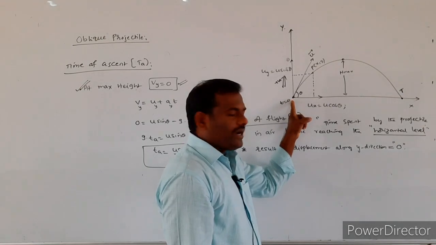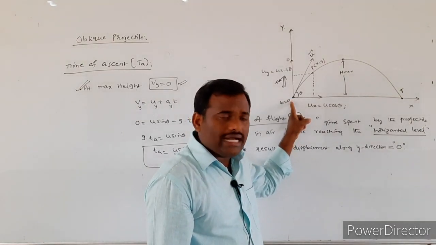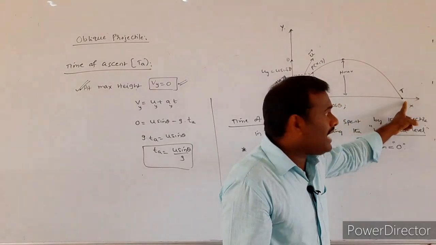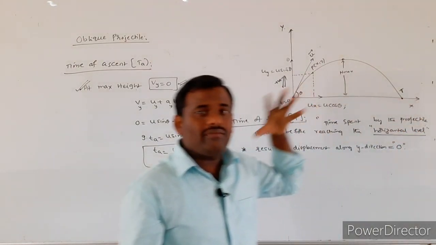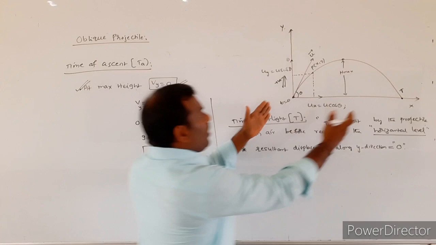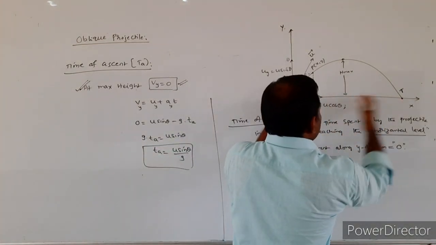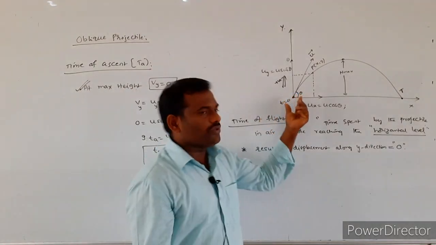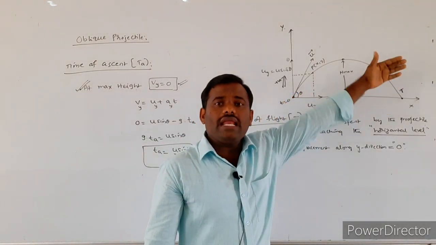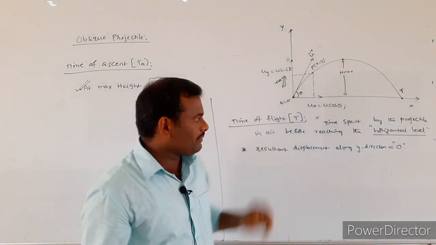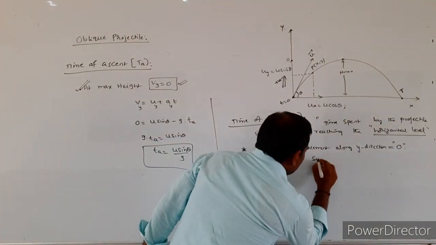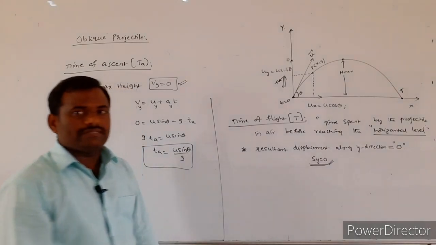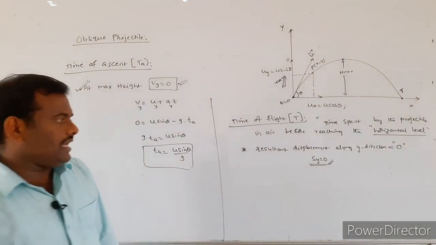From the same point we projected the body, and after time T it reaches the same horizontal level. Horizontal displacement is there, but there is no vertical displacement between the point of projection and the point where it reaches the ground. So displacement along the y-axis is equal to 0.